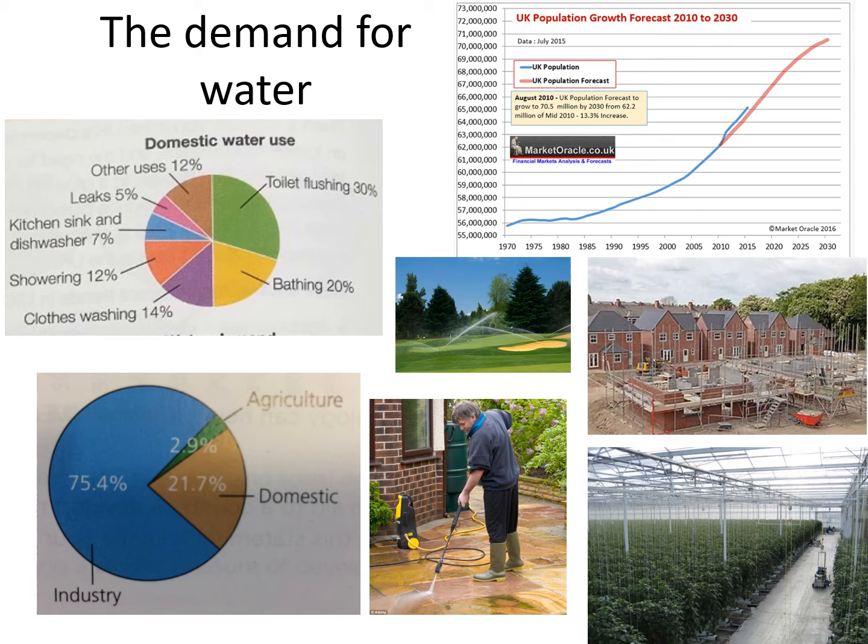Look at the bottom pie chart. Now, the brown segment is the domestic use. So all the things that we've just been talking about in that above pie chart fit into that segment. That's 21%, just over, of the water in the UK is used in our homes. But look at the blue segment, 75%.